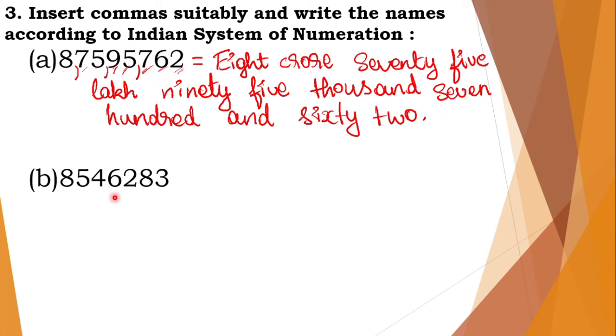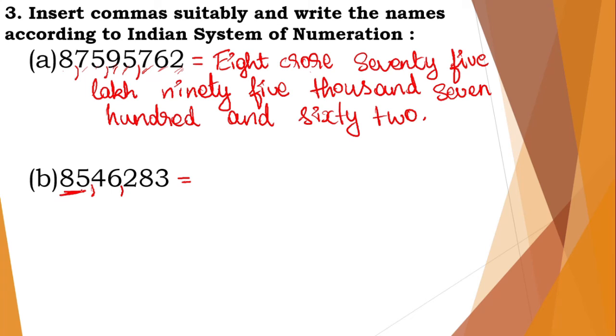So in the second question, again we should start putting the commas. Now again first comma will be after every 3 digit, and now we can put the comma after every 2 digit. Now we placed the comma after every 2 digit, and now we don't have any digits, so we can leave it like this. And now let's write the number name.